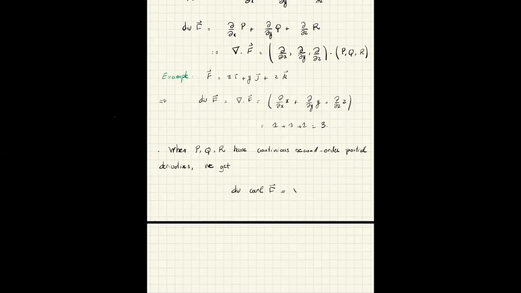This is the gradient dot the curl of F. Make sure you understand these notations here. This is 0. So the curl is a vector, and the divergence is a number, a scalar. Okay.